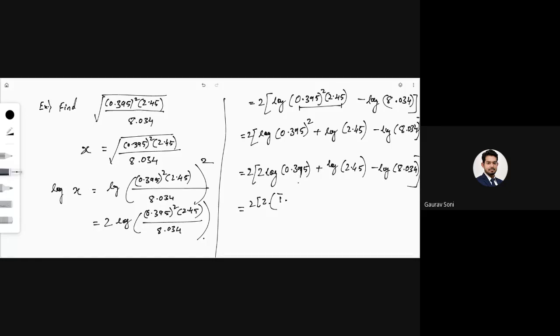Now the row 39 and column 5. What is the number? 39, column 5. What is the number? 5966. Are you able to find it in your log table?